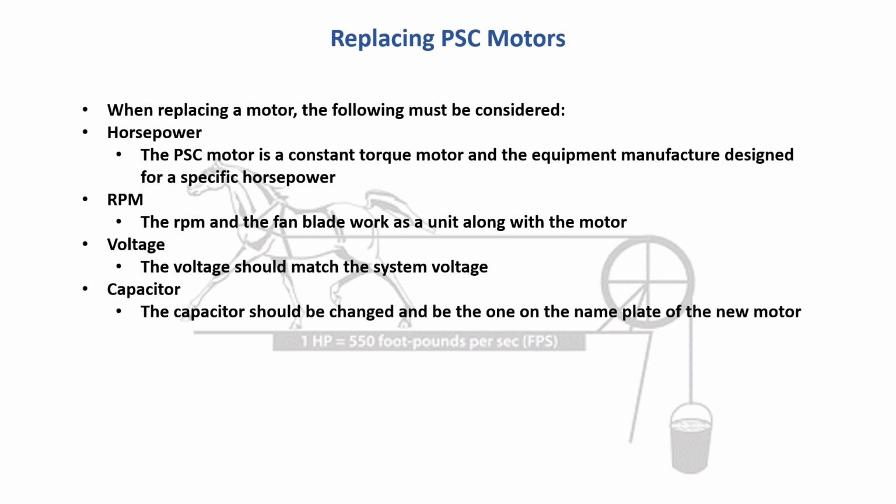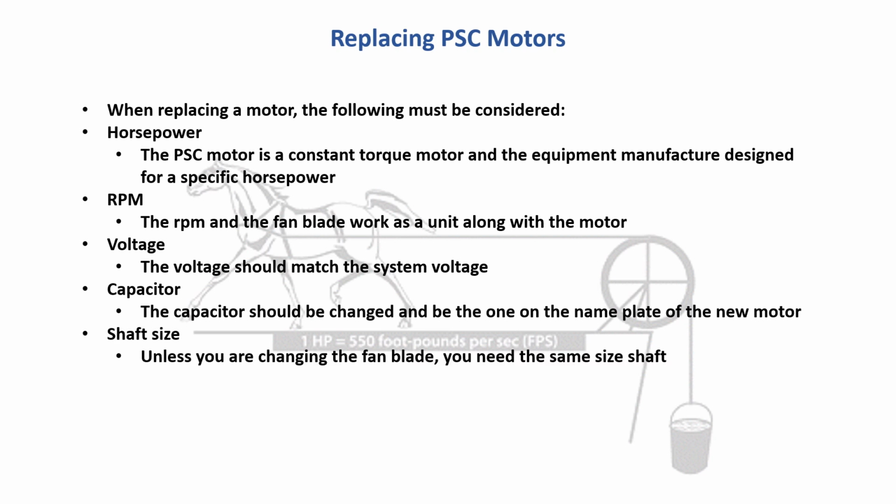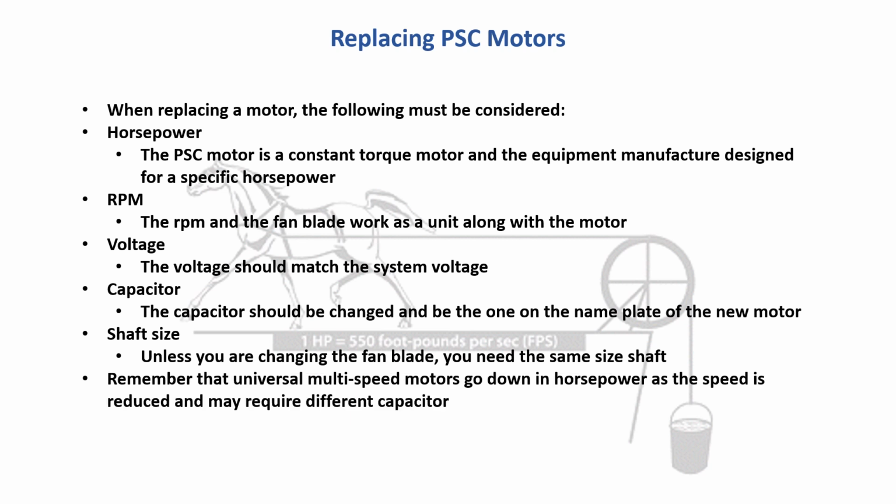The capacitor should be changed and be the one the nameplate of the new motor identifies. Shaft size. Unless you are changing the fan blade, you need the same shaft size. Remember that universal multi-speed motors go down in horsepower as the speed is reduced and may require a different capacitor.